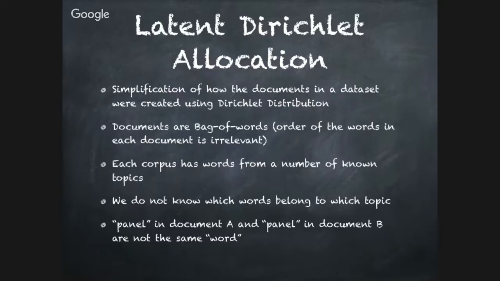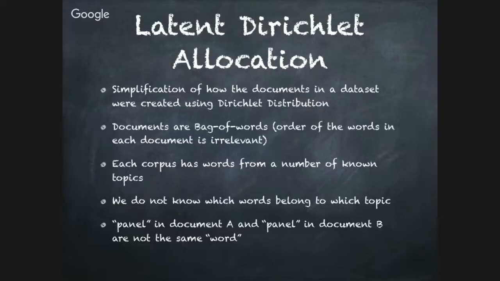That's a good thing. And each corpus has words from a number of known topics, and each document has words from a number of known topics. And we do not know which words belong to which topic. The algorithm also doesn't know. But because the algorithm looks much more at the context of the word than at the word itself, it's very good at differentiating homonyms.